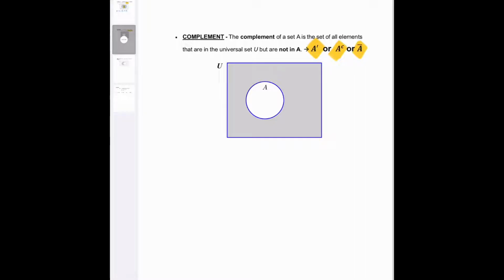In the Venn diagram below, you can see the letter U, by the way, stands for the universal set, universe. You have here one circle for set A, and the area that's shaded gray is actually the area where the elements can be found, which I'm going to be putting like random elements here.